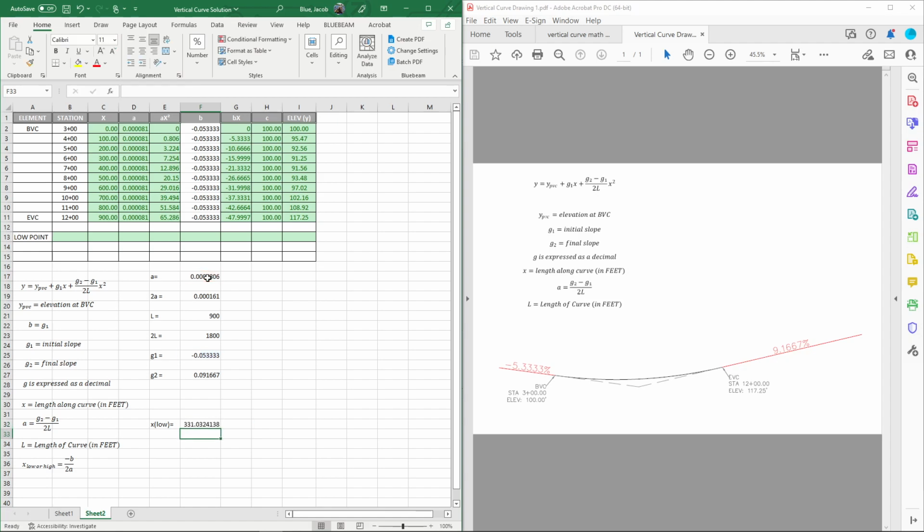Close my parentheses. So there is the x at my low point. So x, the low point happens 331.03 feet beyond the start of our curve.